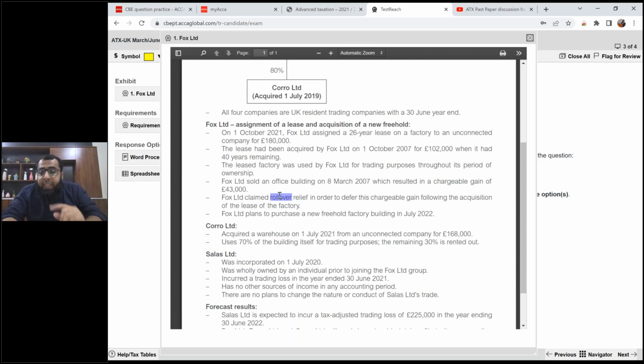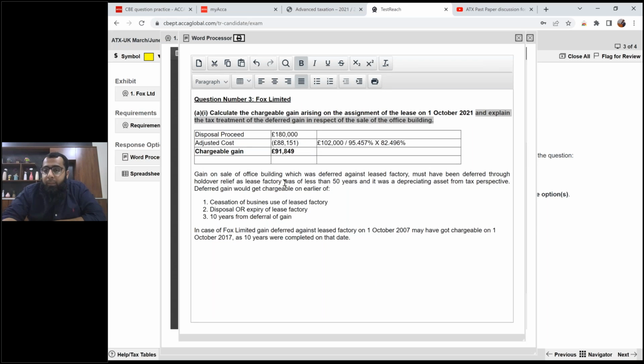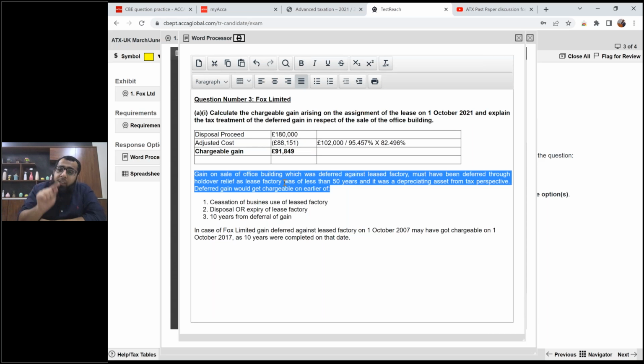So we said that that gain was not deferred through rollover. It was deferred through holdover, because the lease factory is a depreciating asset. Its life was less than 50 years. So we are talking about that deferred gain now.